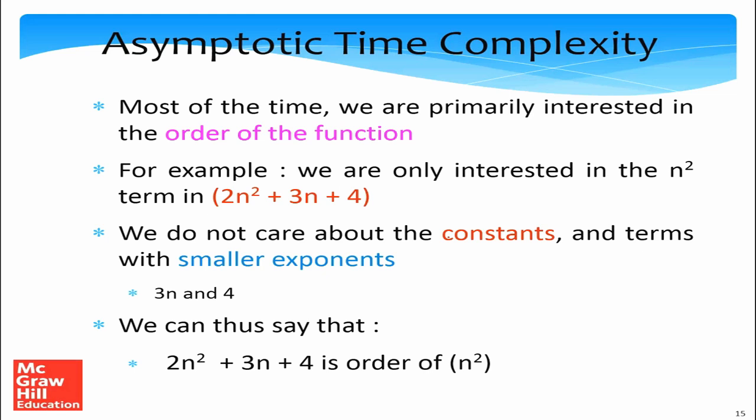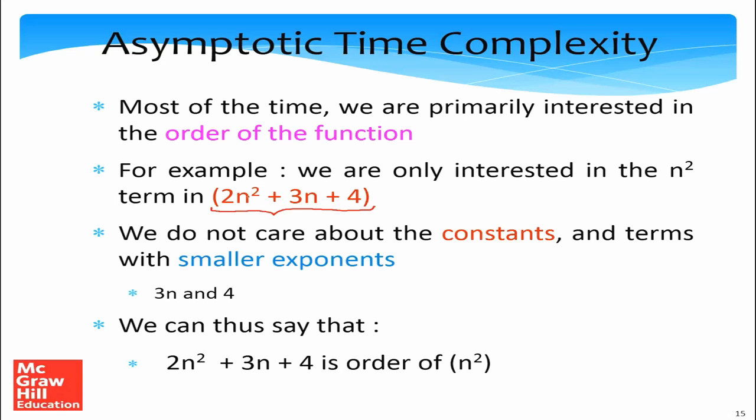So let me now define the notion of asymptotic time complexity, which is very, very important in computer science. Most of the time we are primarily interested in something called the order of the function. For example, let's consider this expression 2n square plus 3n plus 4. 3n is important, 4 is important, but consider n is a fairly large value.